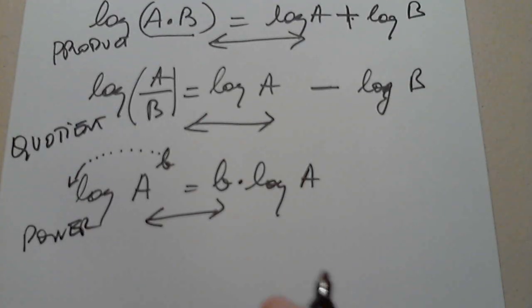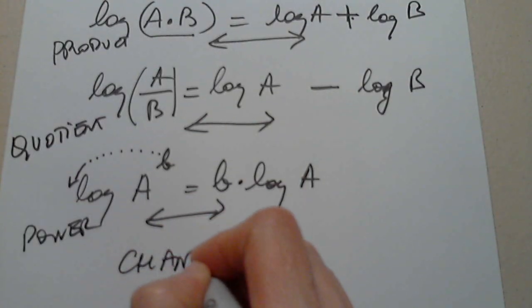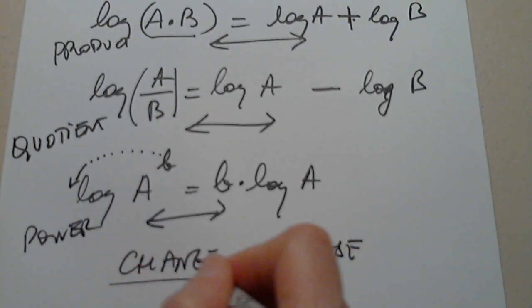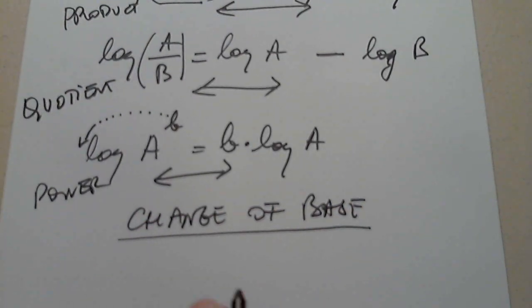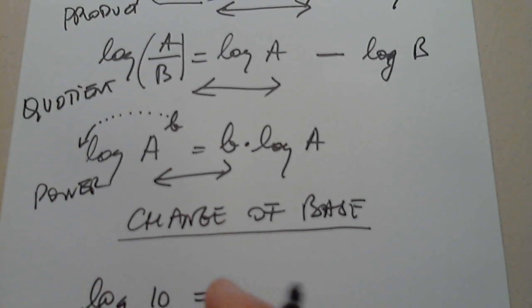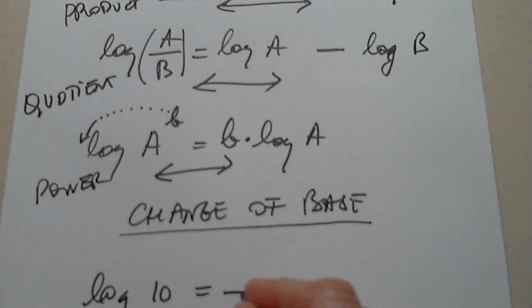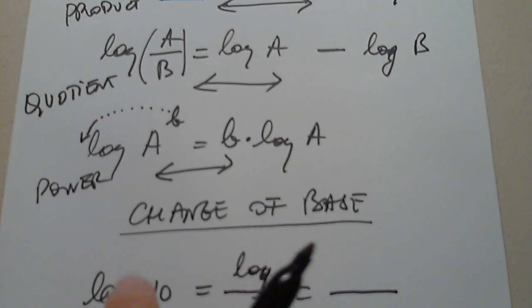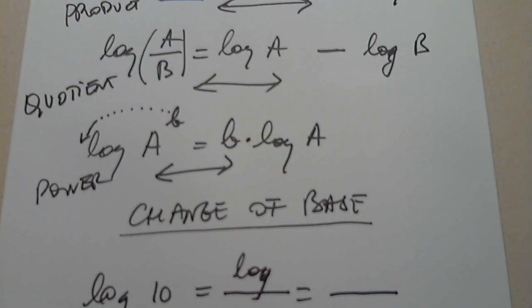We also have a change of base formula. So if I have, let's say, log base 3 of 10, this can be rewritten with log at the top. Which logs will I use?